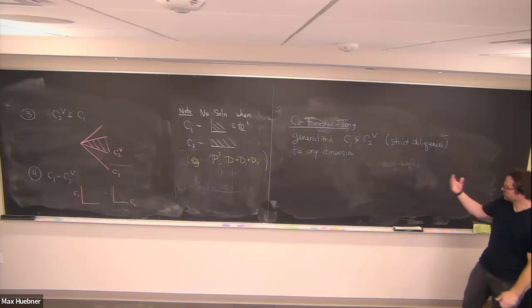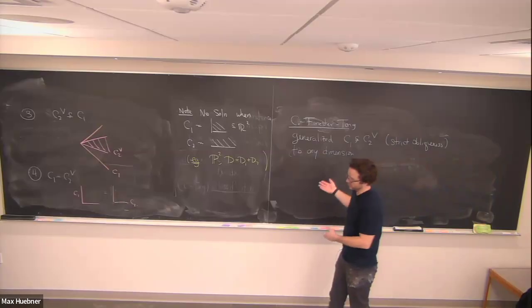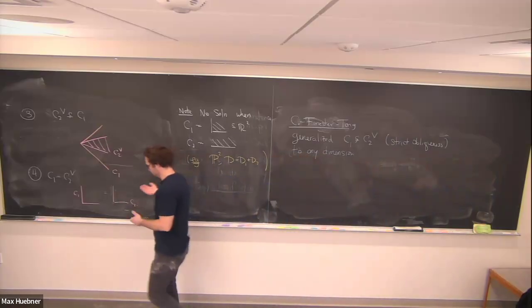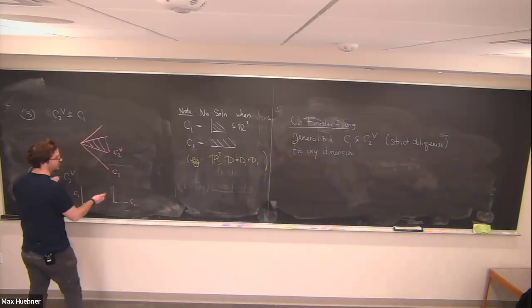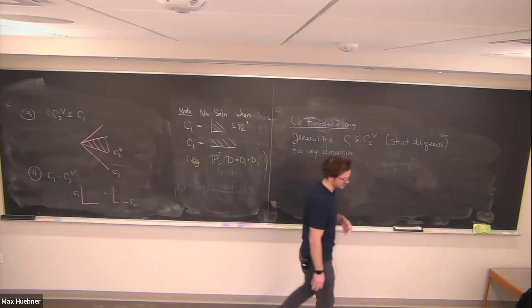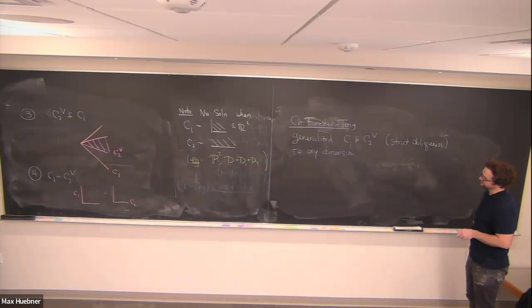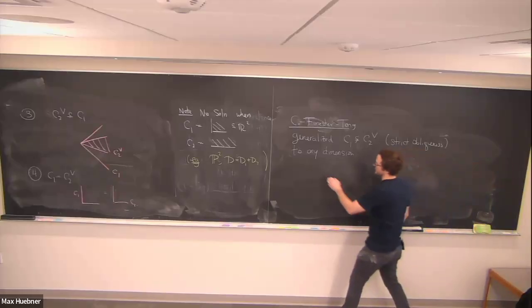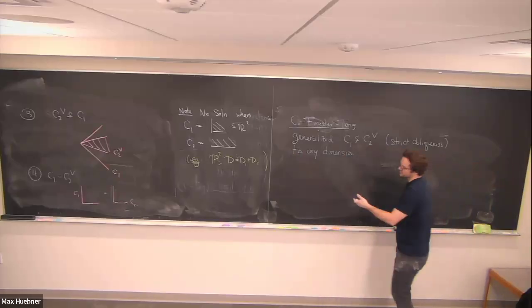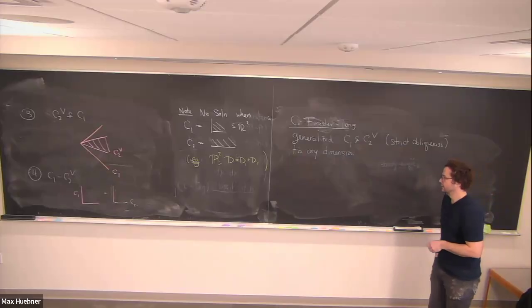And so one thing we're trying to understand at the moment is, probably too much to hope for, but what one could hope for is a sort of complete classification in all dimensions of all pairs of cones which can possibly admit these homogeneous optimal transport maps. But anyways, one can try to develop a better understanding of when these optimal transport maps do and do not exist.